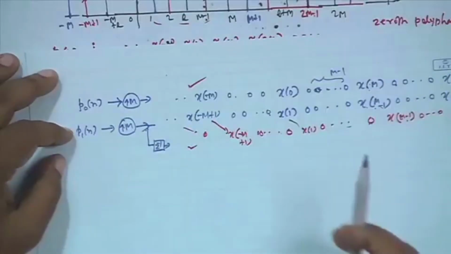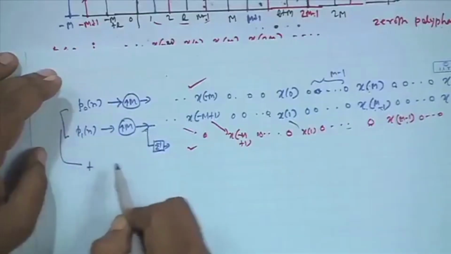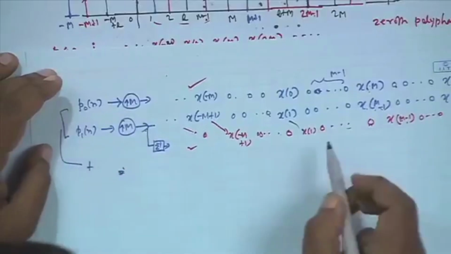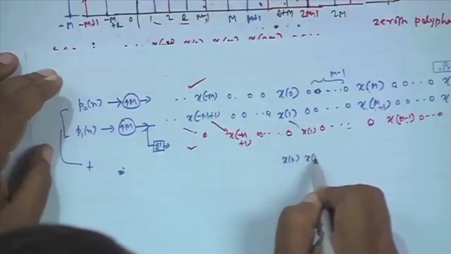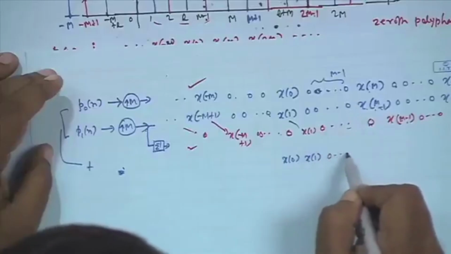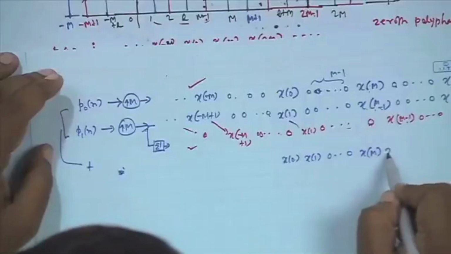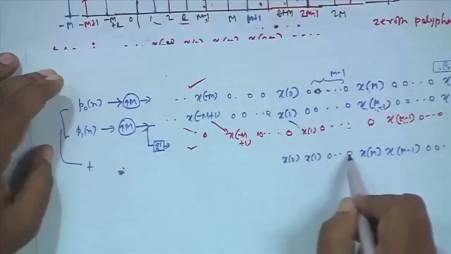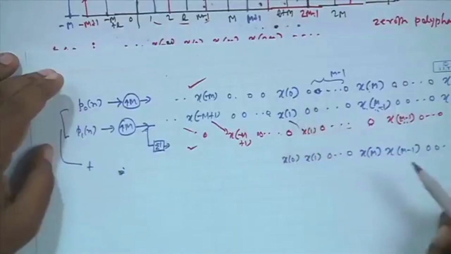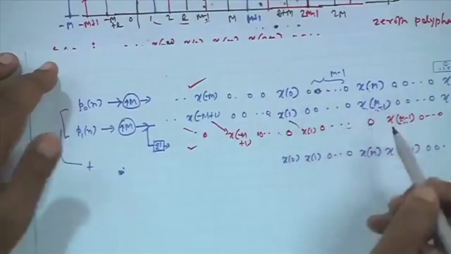So, this way if you add the two, then you will get x 0 coming here, x 1 going here, then some zeros, then x m minus 1 has come here, then some zeros. Obviously, it will be one less 0, earlier it was m minus 1, now it is m minus 2, okay, because you are adding x m with 1 0 or x m minus 1 with another 0, so zeros are getting absorbed there.